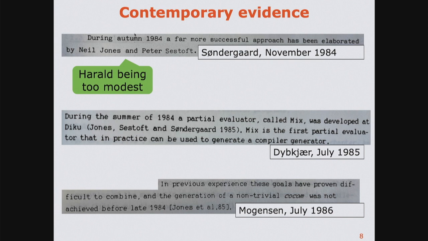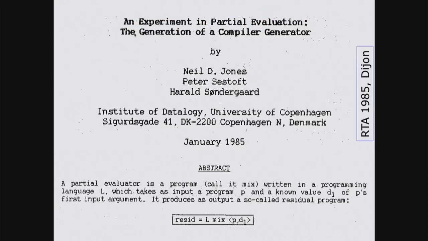Also, Dybkjær writes the year after, it's the summer of '84, a self-applicable one, and Mogensen in his thesis in '86 says late '84. So it's sometime in '84 we managed to realize non-trivial self-application, and therefore the second and third Futamura projections.